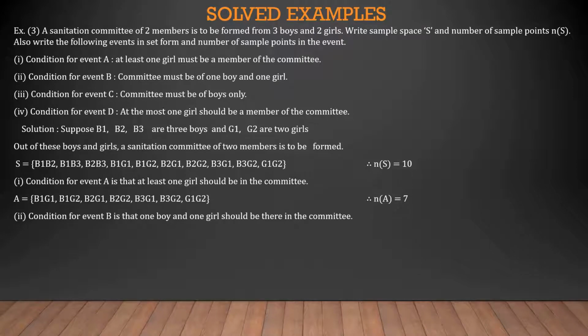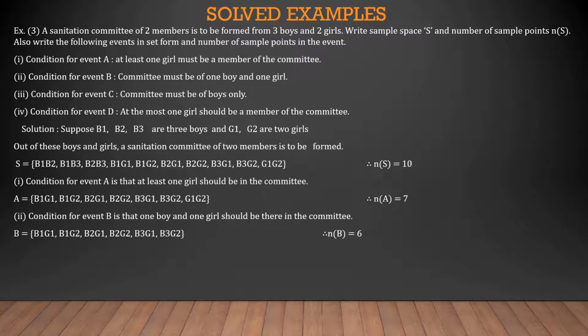Second is the condition for event B: one boy and one girl should be there in the committee. B = {B1G1, B1G2, B2G1, B2G2, B3G1, B3G2}. So one girl and one boy should always be there in the committee. So n(B), the number of sample points in event B, is 6.